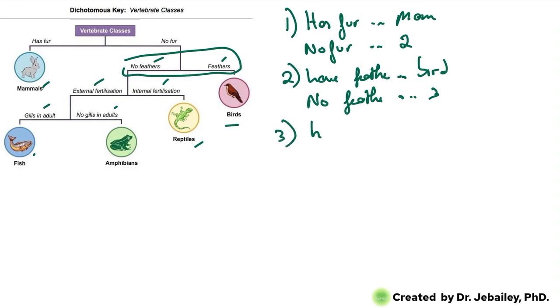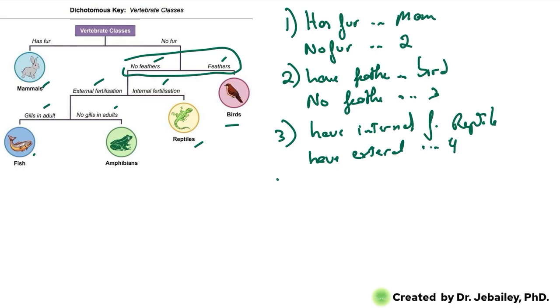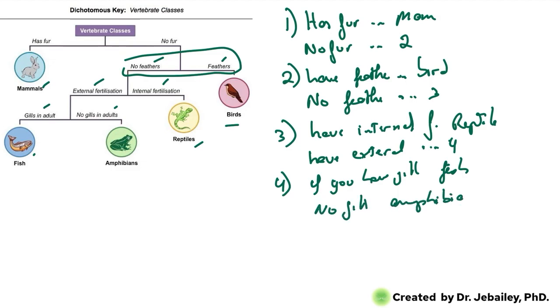Number 3, if you have internal fertilization, then you are reptile. And if you have external, then you go to number 4. Then number 4, if you have gills, right, you are fish. And you have no gill, then you are amphibian. So this is how you create a dichotomous key.